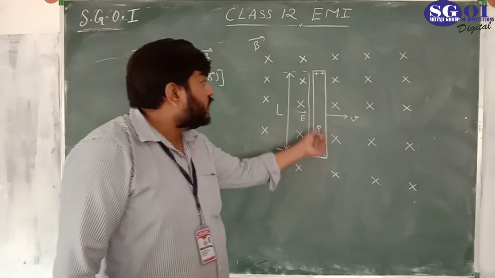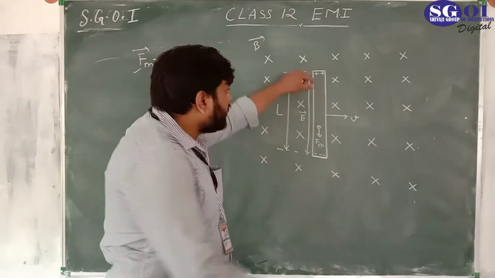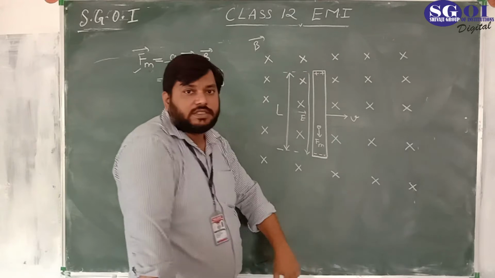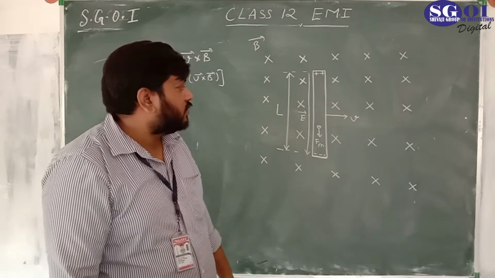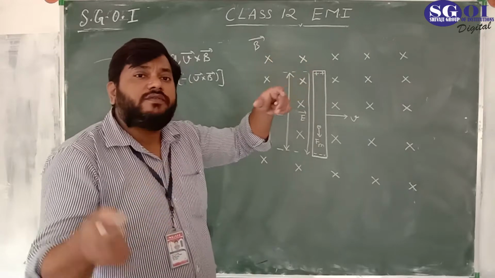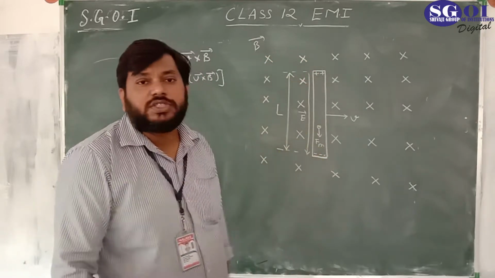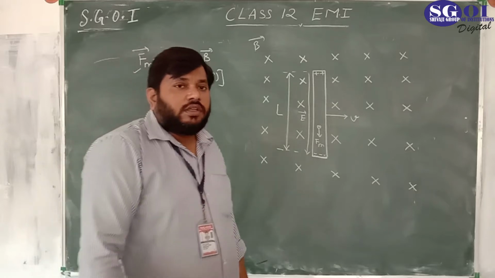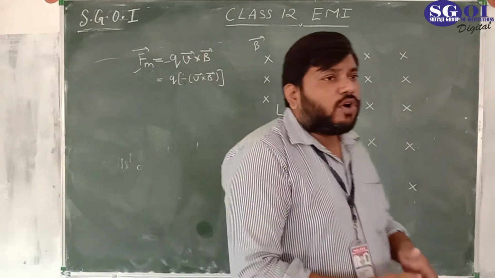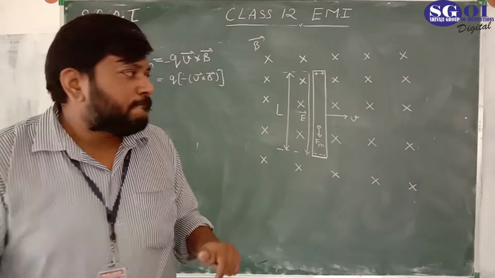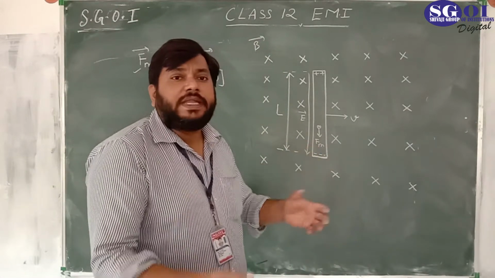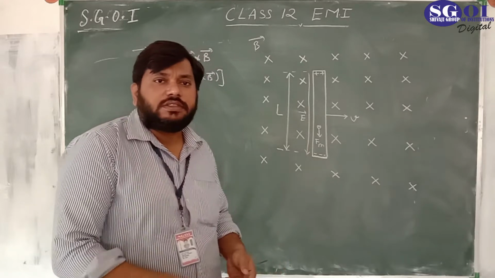Because of this accumulation of charges, there is obviously a potential difference. Plus, minus, there is a potential difference creating across the ends, and we have to find the formula for this potential difference. So one important thing I am going to ask you: what happened next?